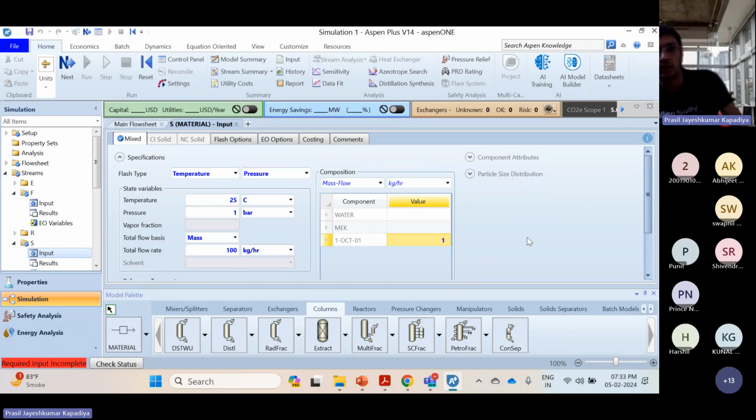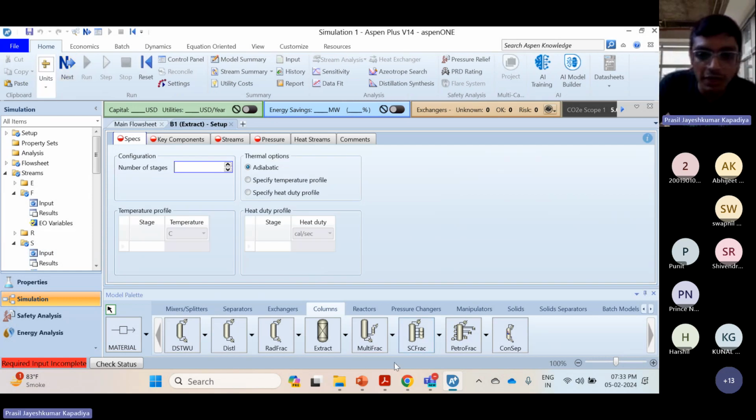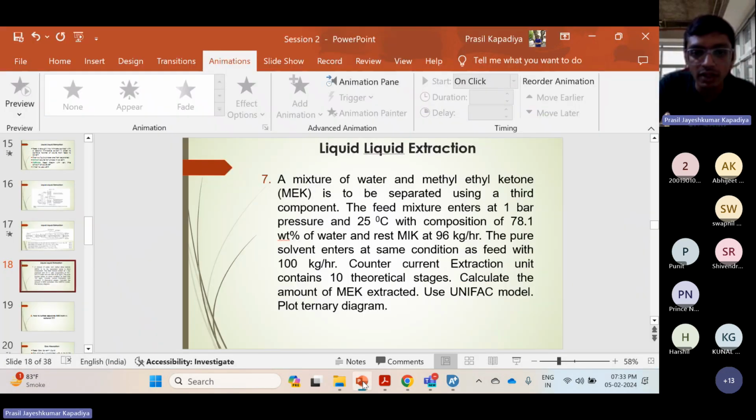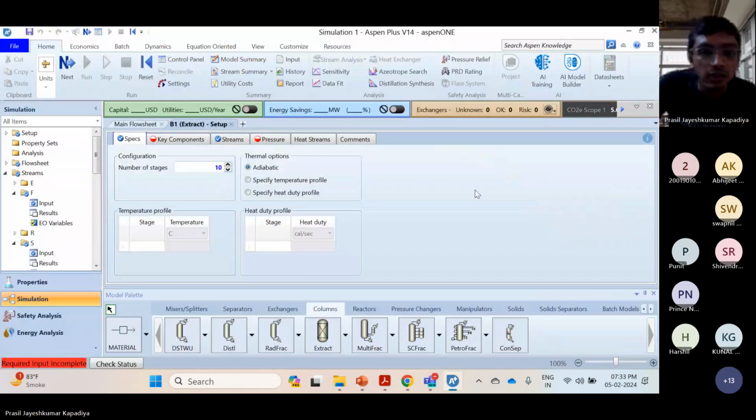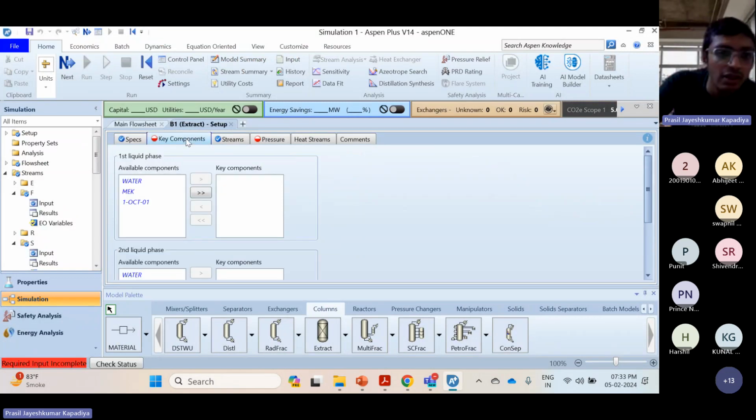Octanol is pure, so its mass fraction is 1. Now let's go to next. Now, how many number of stages we are told to use? We are told to use 10 theoretical stages. We are not going to specify any temperature profile or heat duty, so it's just adiabatic. There is no heat loss. We are assuming.